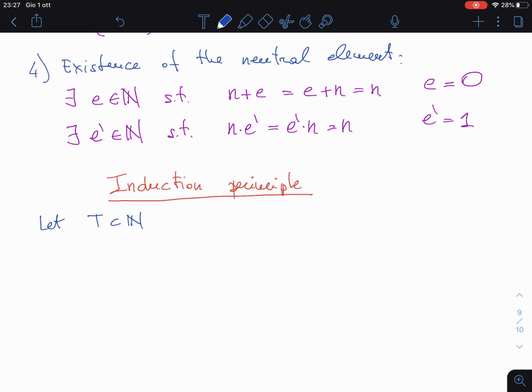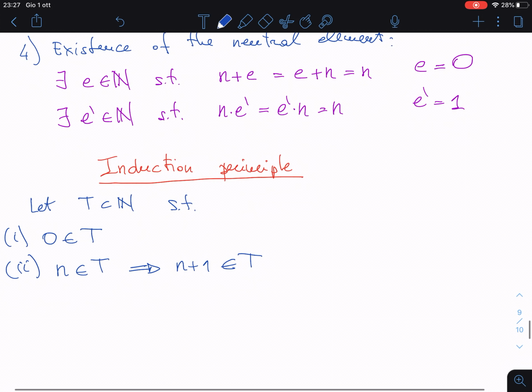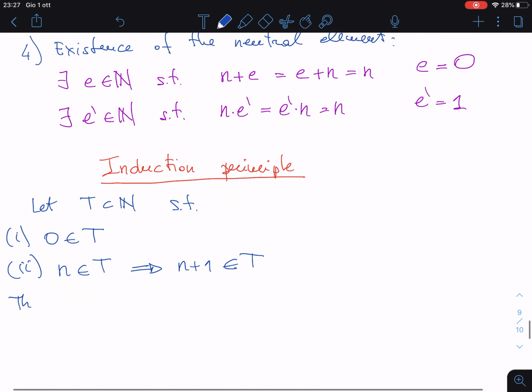A subset of N such that first, 0 belongs to T. Second, provided that an element n belongs to T, then the subsequent element n plus 1 belongs to T. Okay? There are these two features, and then the conclusion is that the set T is equal to N.